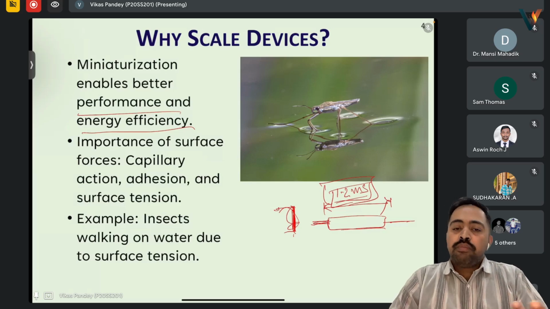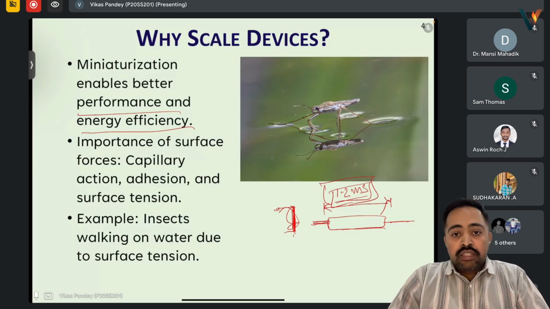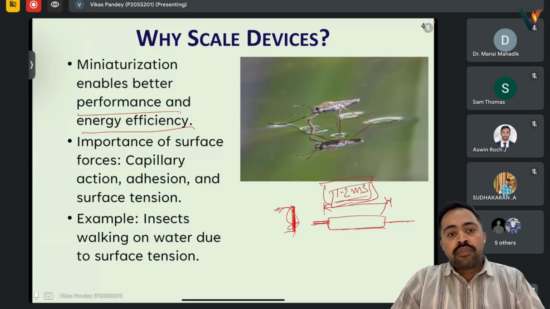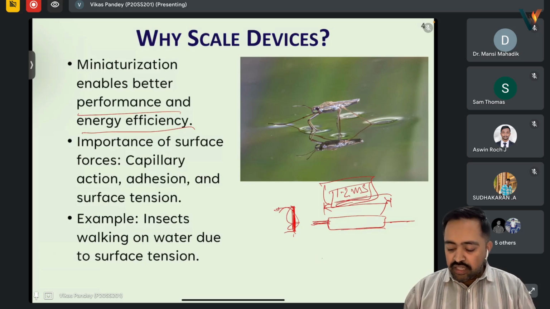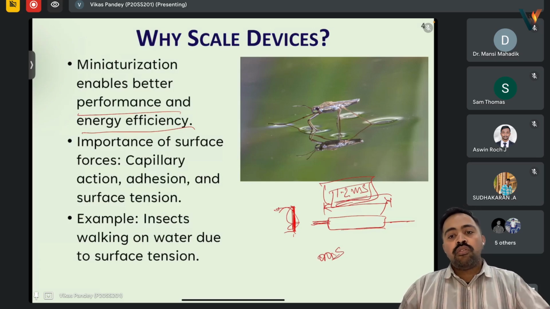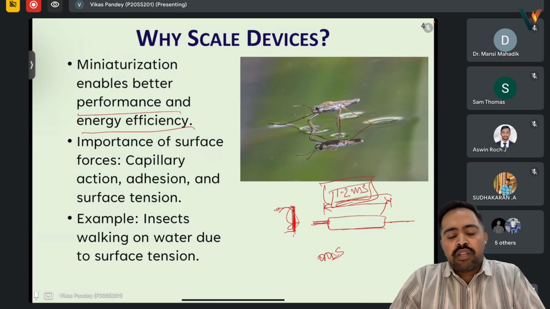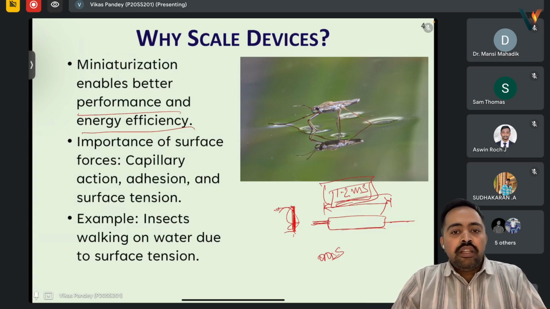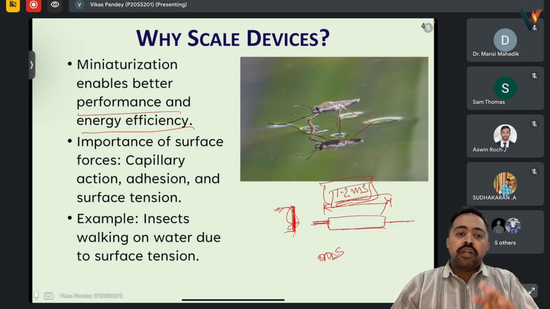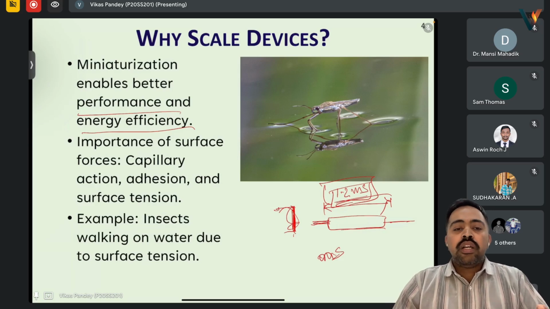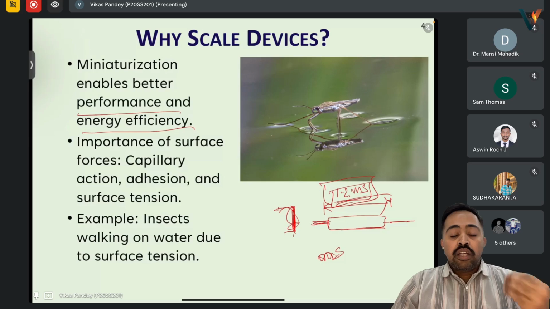It will not be that smooth. Whereas in miniaturized, smaller systems, these delays are in nanoseconds. The overall delay may be 10 or 20 microseconds, and you will not notice any appreciable difference. That enables better performance, as well as working at lower energy.